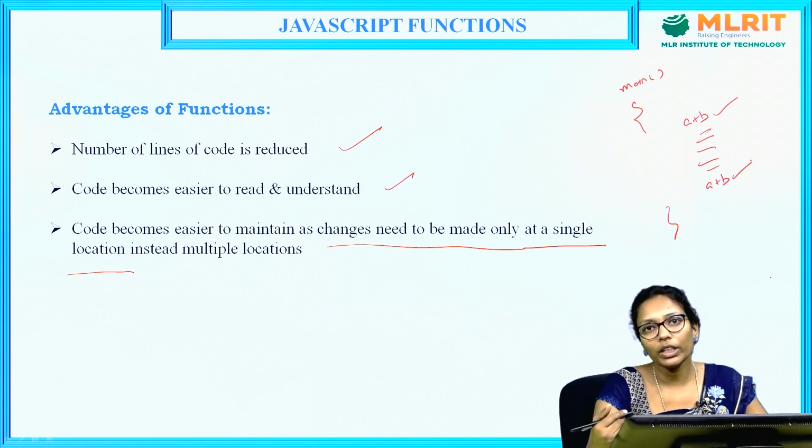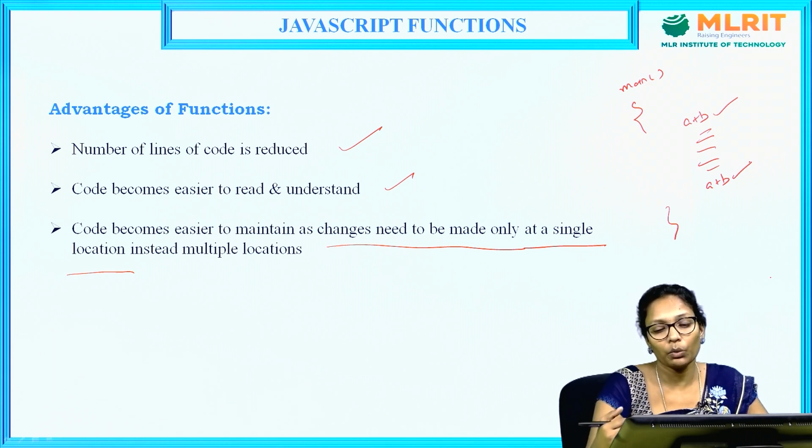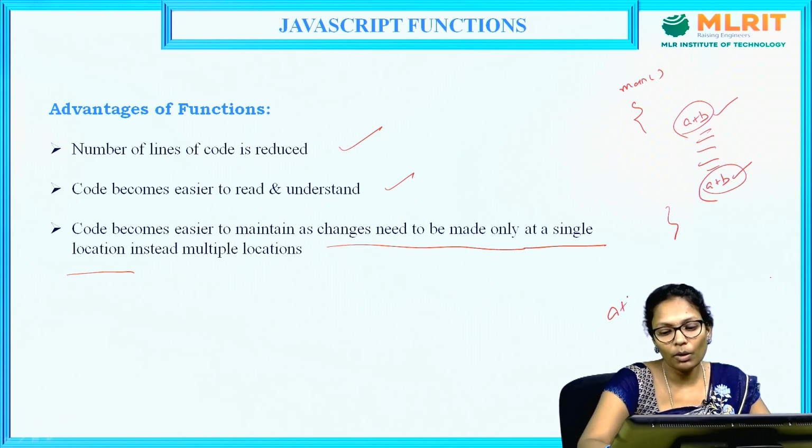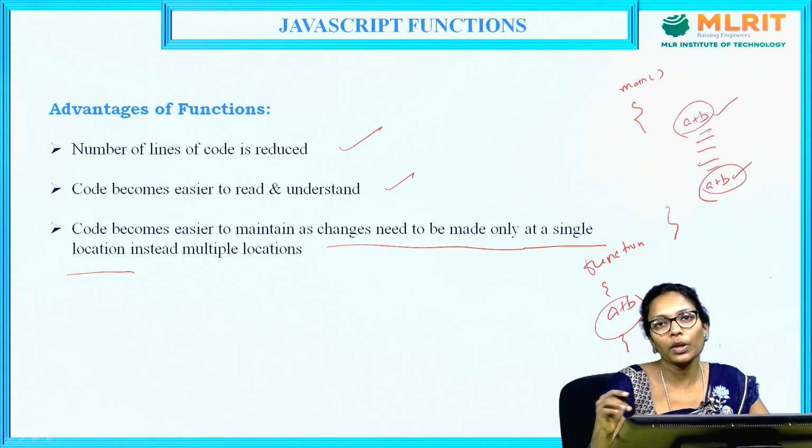Here I have only two additions, but if I have 10 or 100 additions, then everywhere you need to modify that code. Instead, since both are the same, I keep this common code within a function. Then instead of modifying multiple times, you can simply go to the single function and modify it there itself.